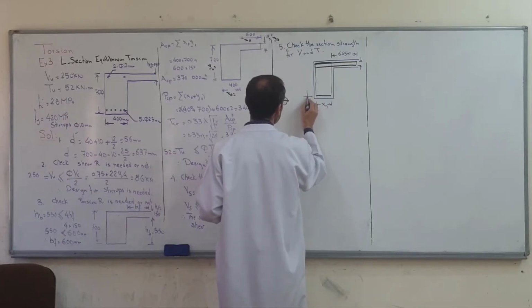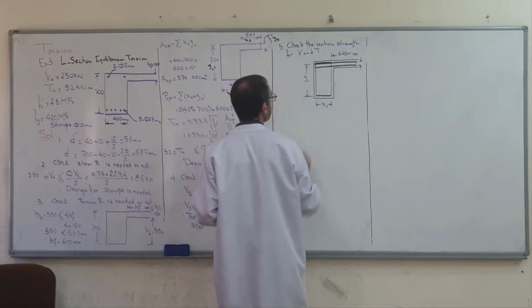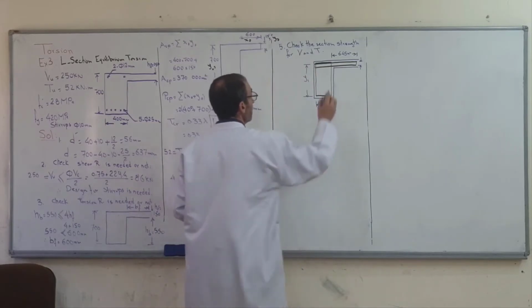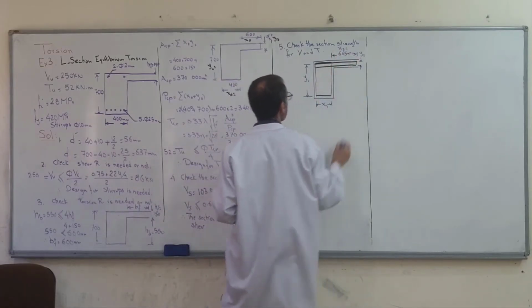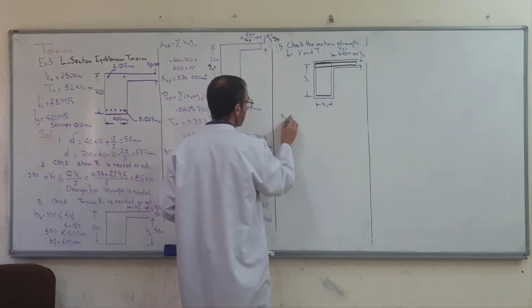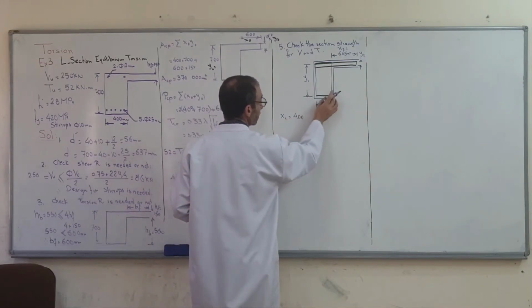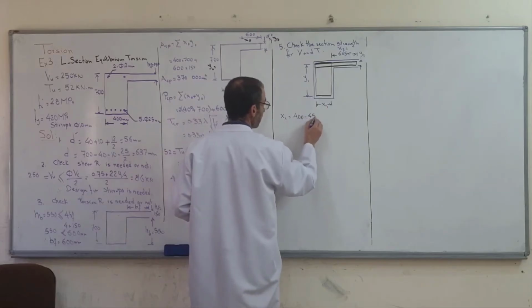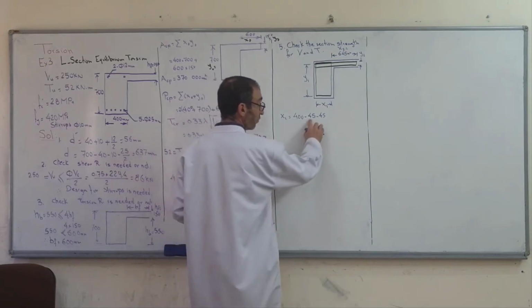This distance is x1, y1, sorry. Let's say this is x2, and this is y2. x1 is equal to 400 minus cover 45 at left minus cover up to center of the stirrups 45.